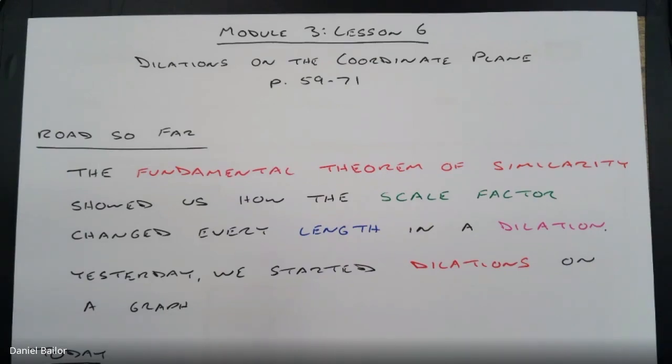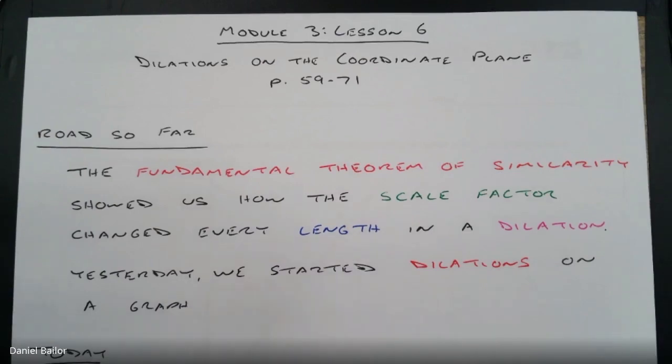Every length is changed. All sides, all segments, all lines are changed in a dilation by the same scale factor. The thing that does not change is the degrees of the angles. The angle degrees do not change, but the lengths do change.